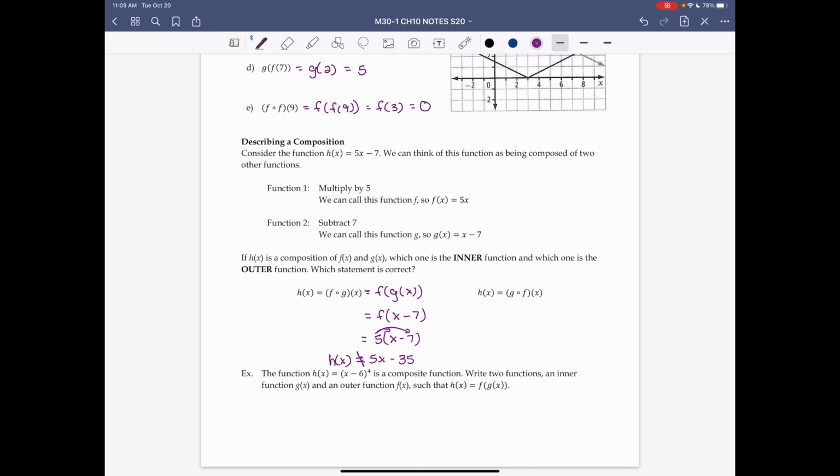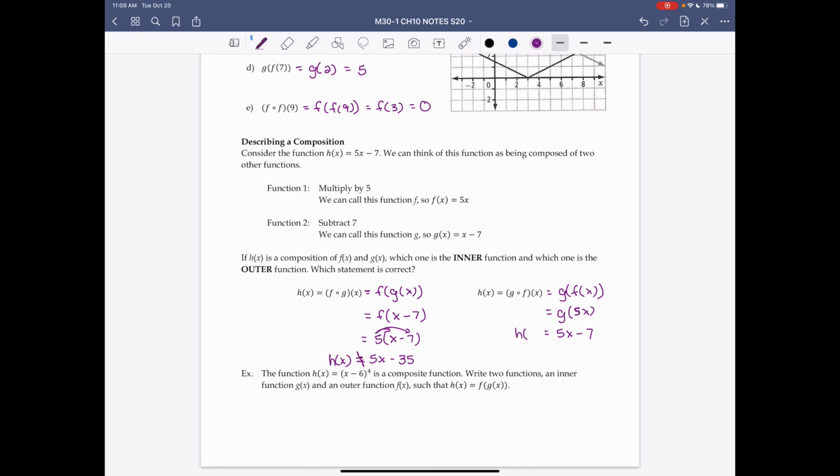So we would assume that g of f of x would be the correct composition. Let's test it out. We can write this as g bracket f of x. Let's write the formula for f of x in the brackets, g of 5x. Then we plug 5x into g of x for x. So x minus 7 becomes 5x minus 7, which is what we're looking for.